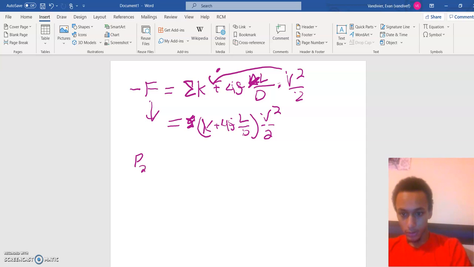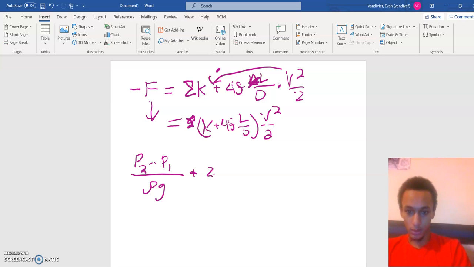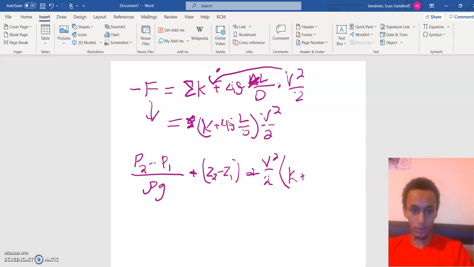So what we had here before is P2 minus P1 over rho G plus Z2 minus Z1 plus, since it was negative and we're bringing it over here, V squared over 2 times K plus 4F over D. And this F here is going to depend on Reynolds number and velocity.